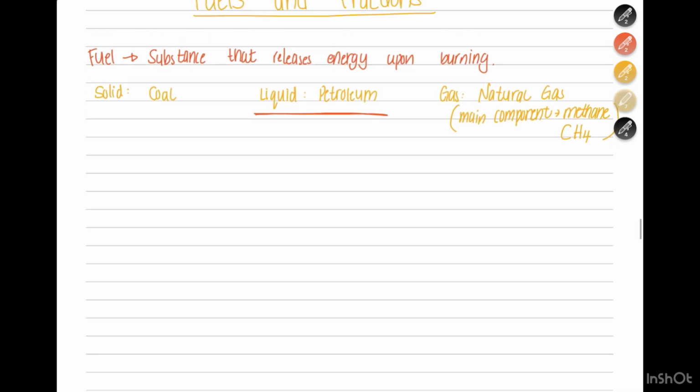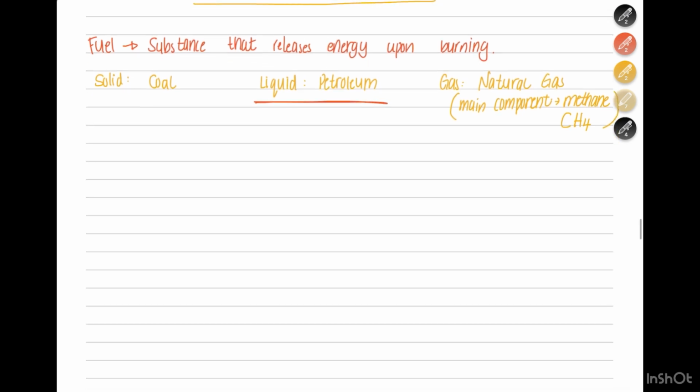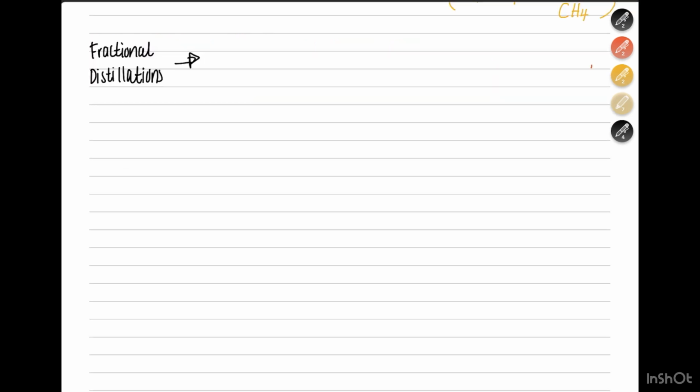Now, we have studied fractional distillation, right? Not in this series, but you must have heard of it. In fractional distillation, basically we have a mixture of liquids with different boiling points, and it is heated.